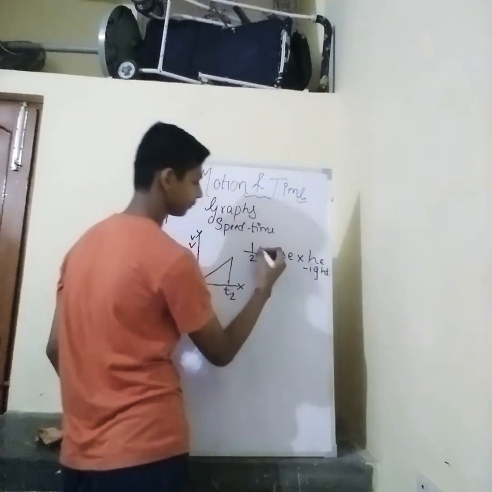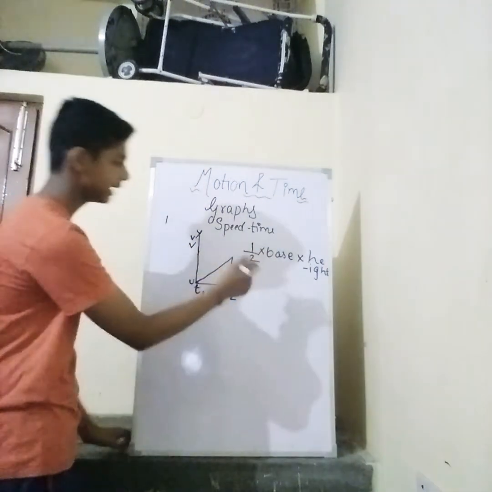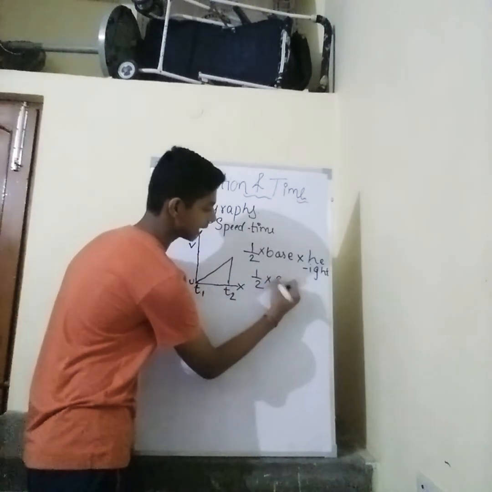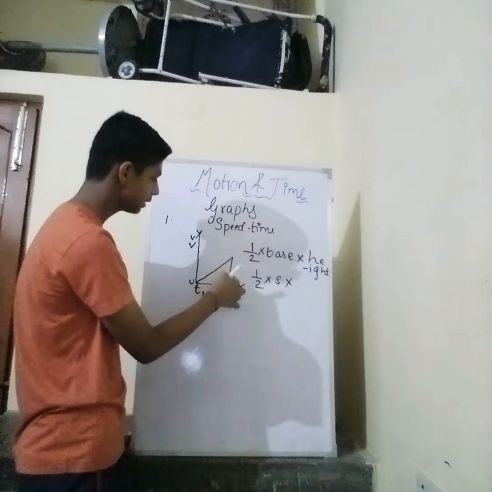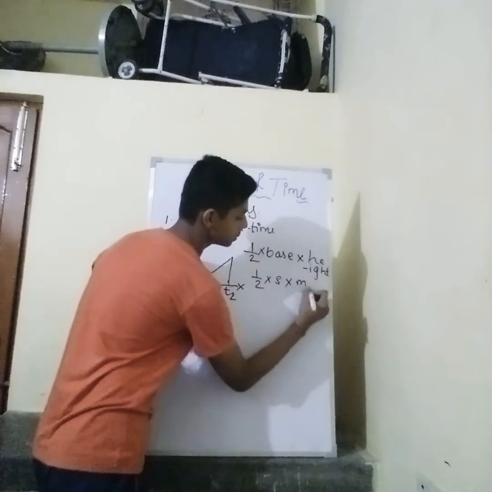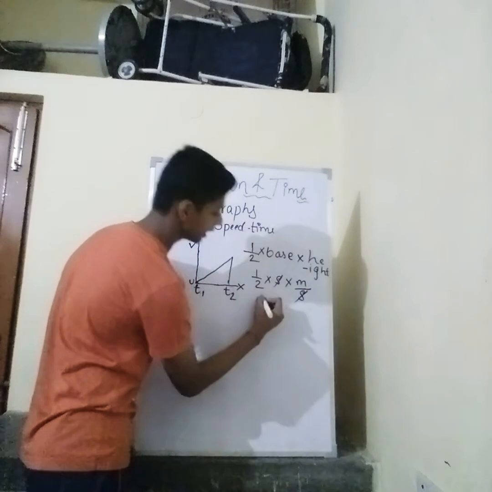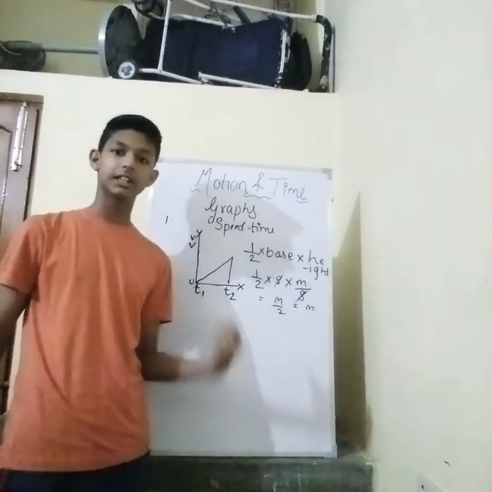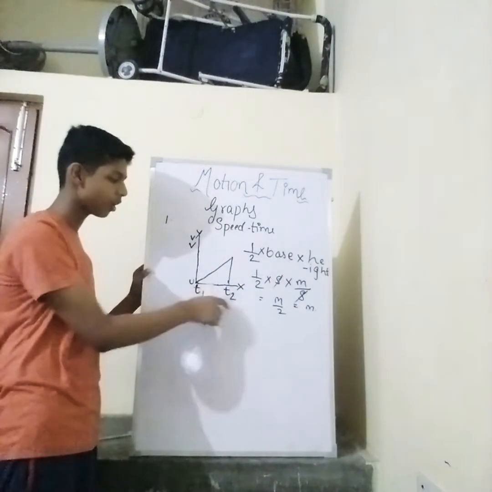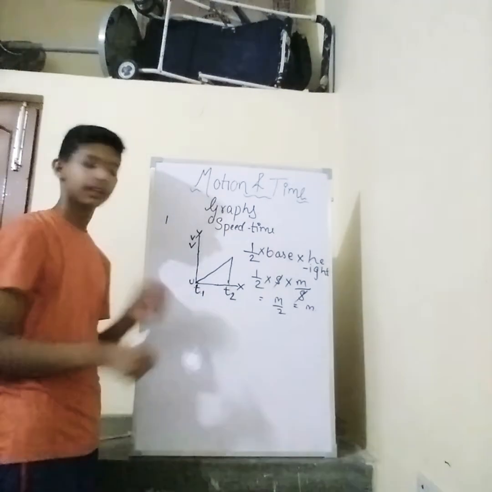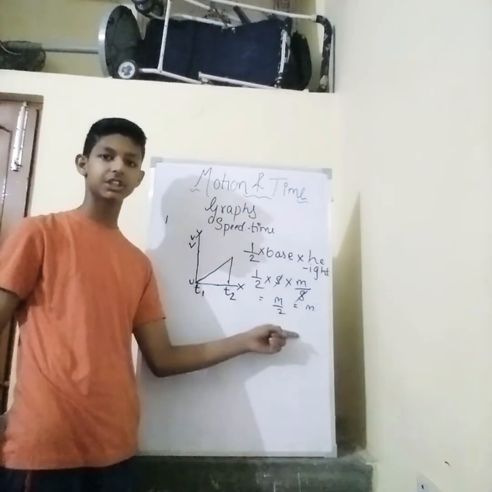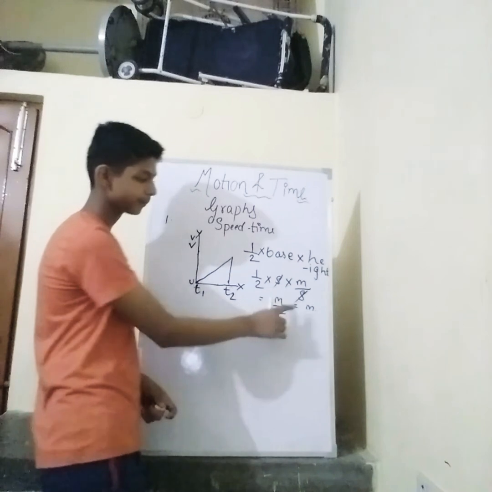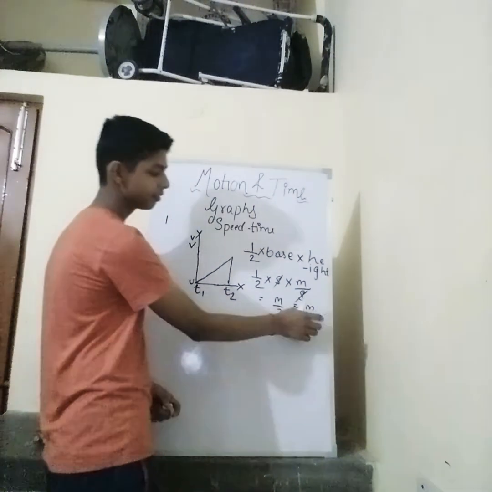Then 1 by 2 into, this is the base and this unit is second, into height, which is meter per second. Second will cancel each other, and meter by 2 will be meter, and meter is the unit of distance. If we put here the magnitude of all the speeds and time, then we will get the whole value of distance, means we will also get the magnitude. But here we are putting only units, then we will get only the unit of distance.